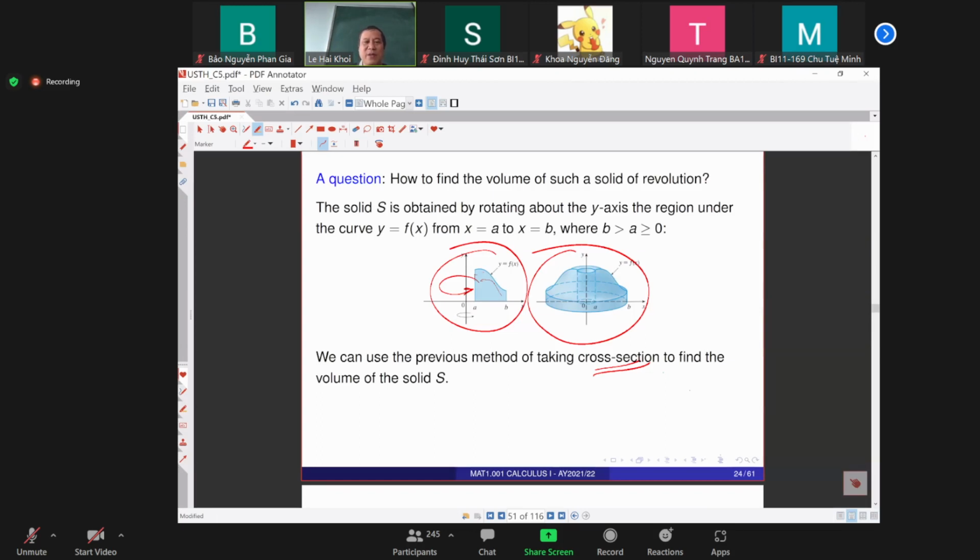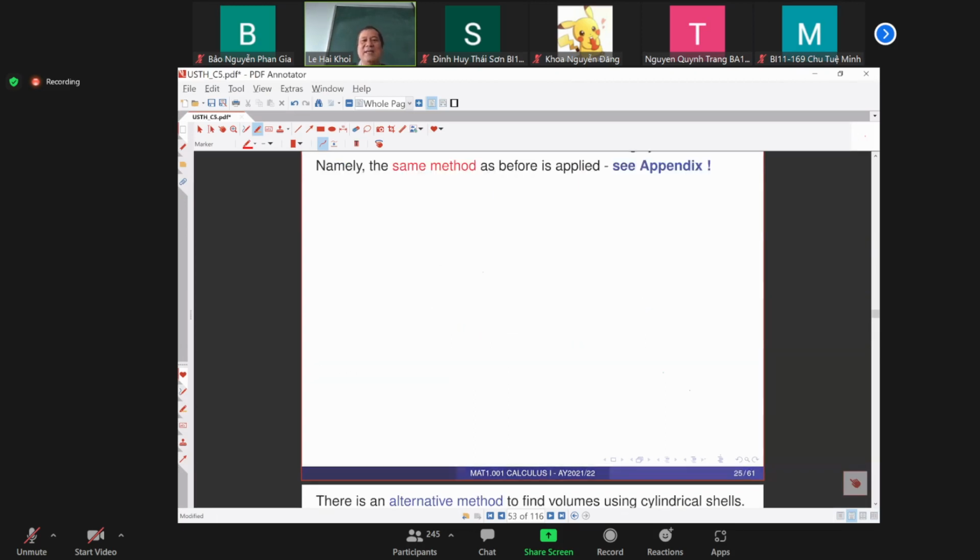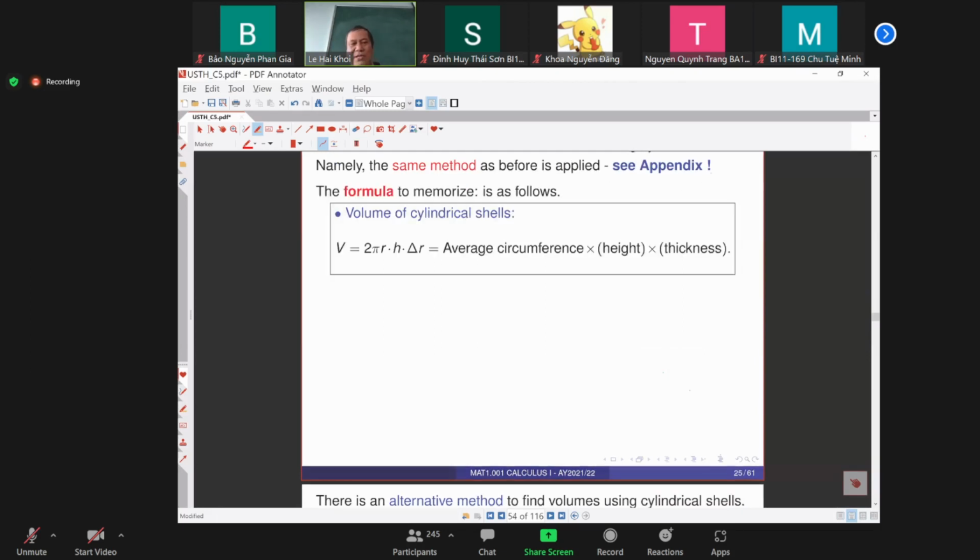So then you see the same idea to find. You can look at the appendix. I don't mention it here. But the formula you have to memorize is average circumference, height, and thickness. That's all.